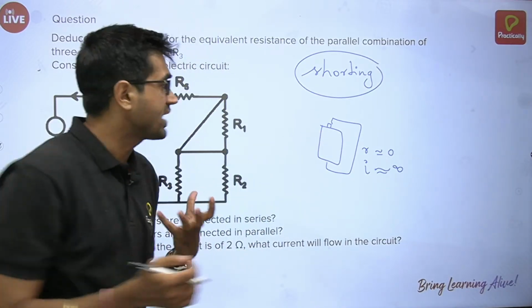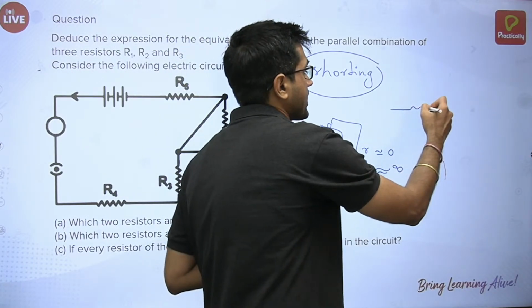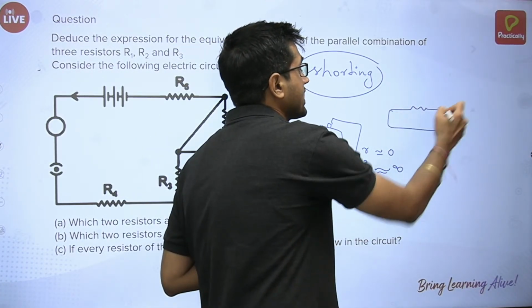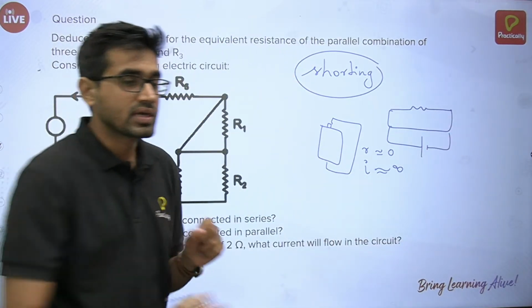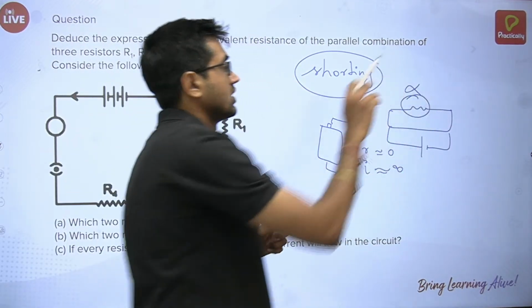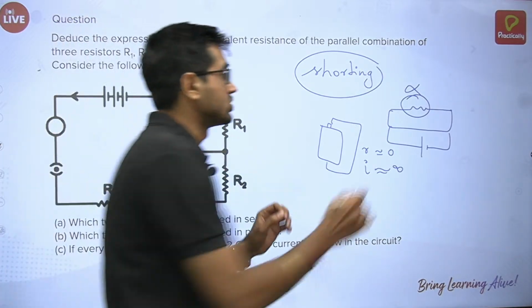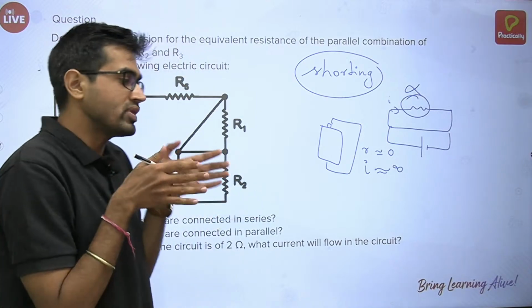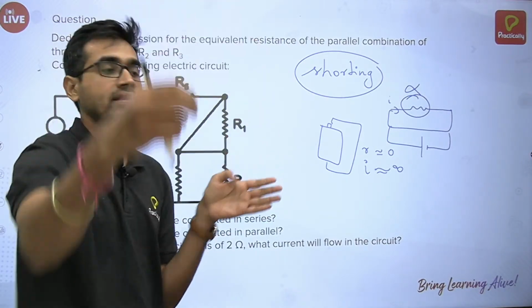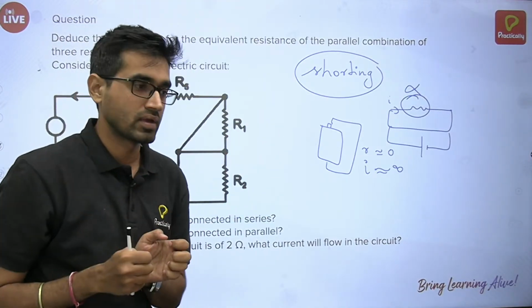Also, if I take a resistor wire and a shorting wire and connect a battery like this in parallel, the resistor is actually worthless. No current will flow through this resistance. Consider it like this: there is a big highway and a very small street.